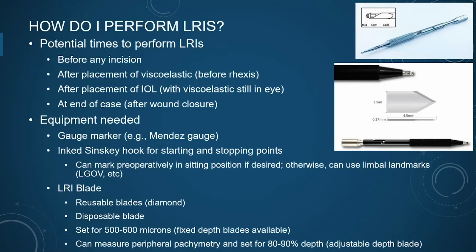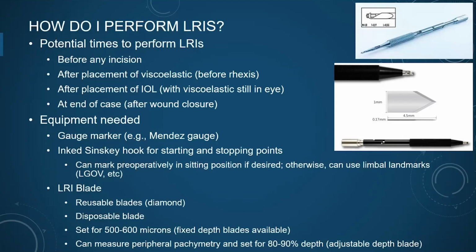All of these blades are fixed depth or adjustable depth, set for 500 to 600 microns. If you wanted to be really scientific, you can measure the pachymetry in the peripheral cornea. Let's say it's 670, and then you can do 80% or 90% of that and go from there. You can use an adjustable depth blade to do that.